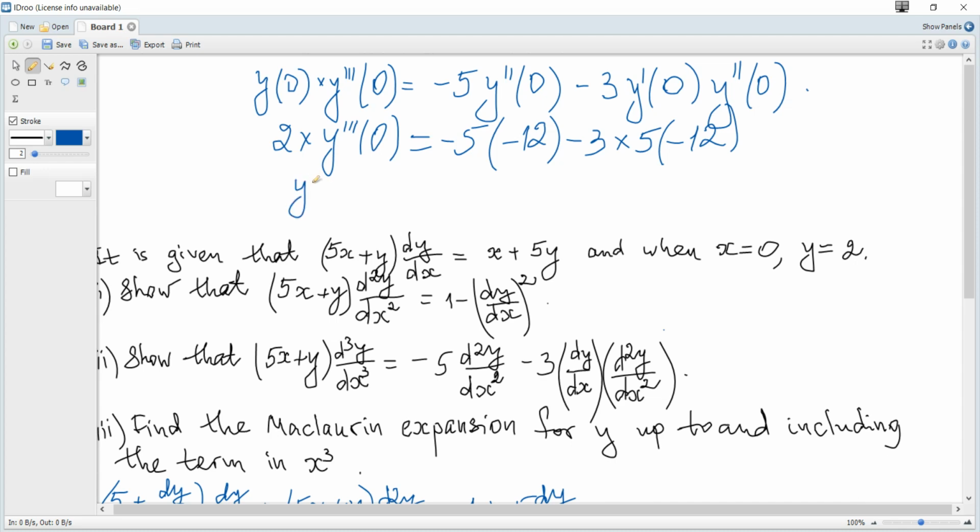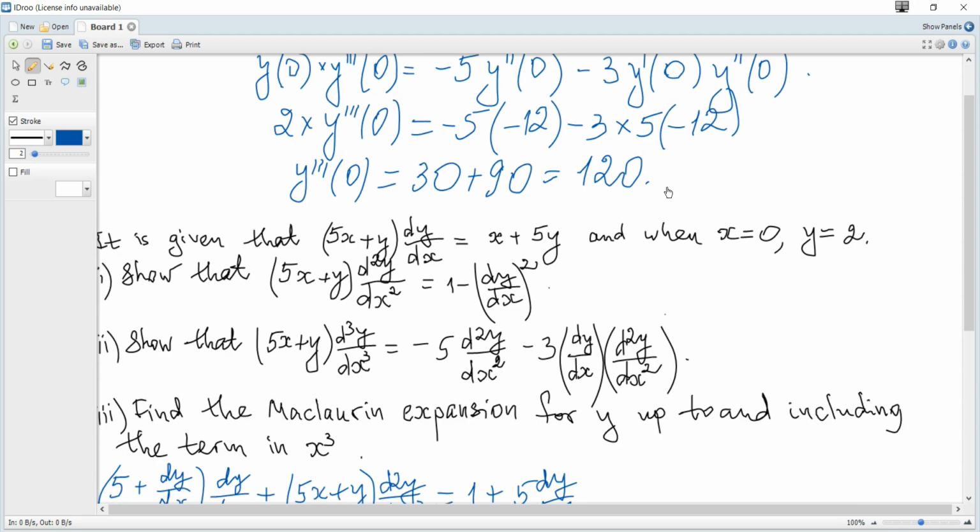Just divide each term by 2, and it becomes negative 6 here, so it's 30, and negative 6 times negative 5, it's 30, and times 3, 90, plus 90, so it's 120.